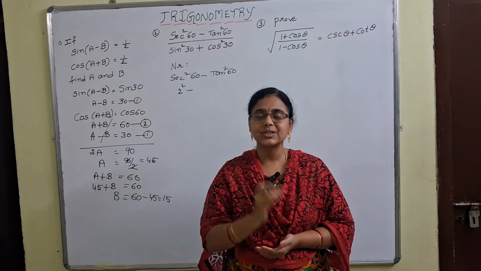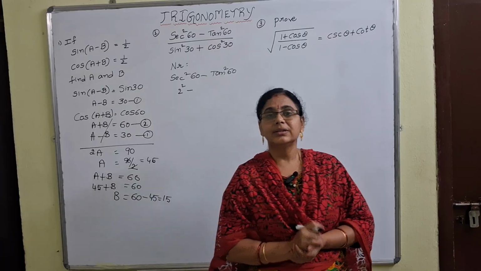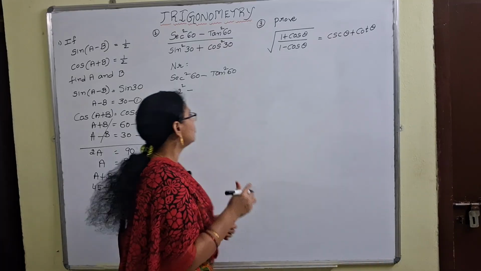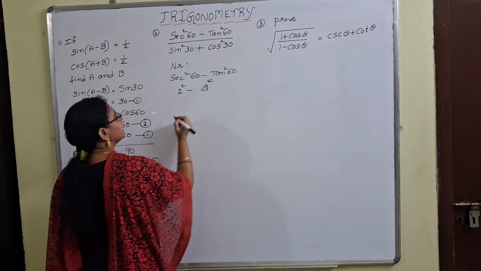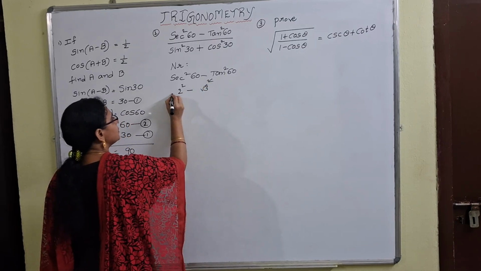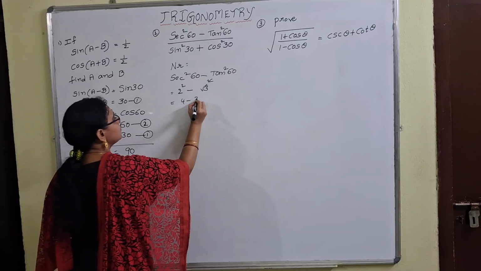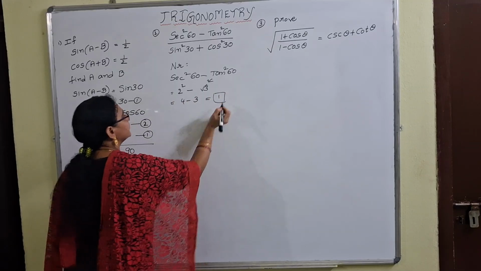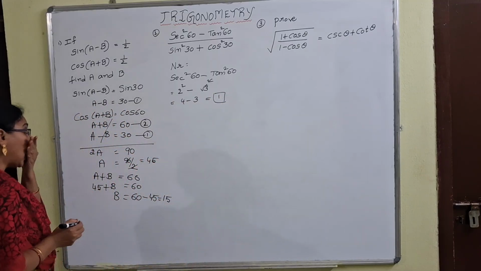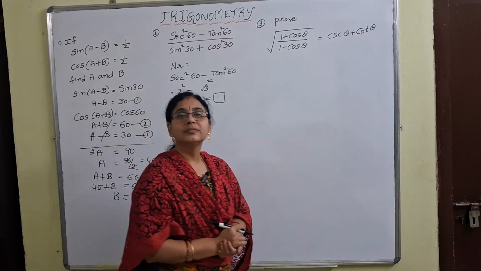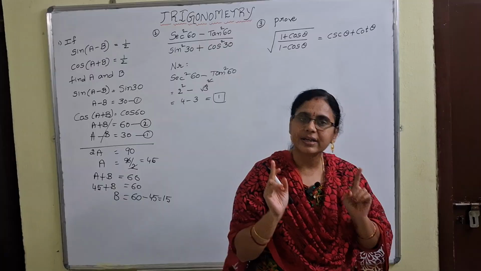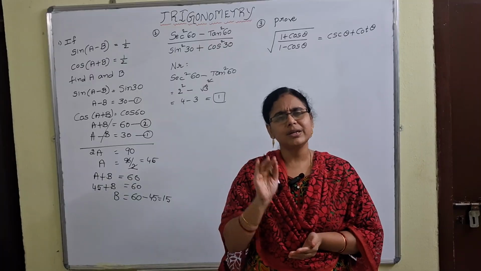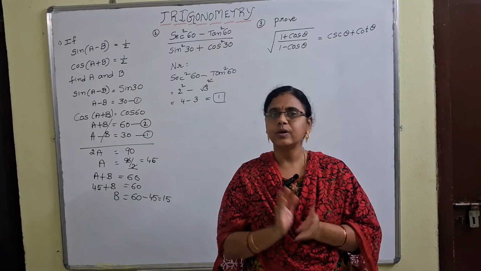So tan 60 is root 3. Tan square 60, so root 3 square. Square and root will cancel. 2 square means 4. 4 minus 3 is equal to 1. It is the answer of only the numerator. Numerator answer we got is 1. Clear? Very simple. Now come to the denominator.